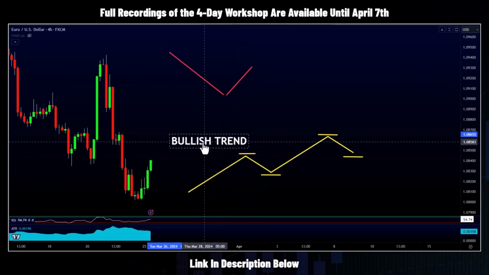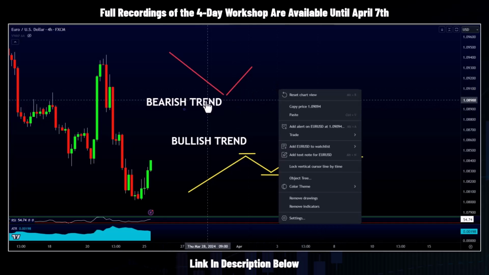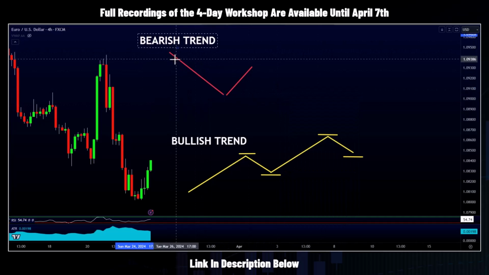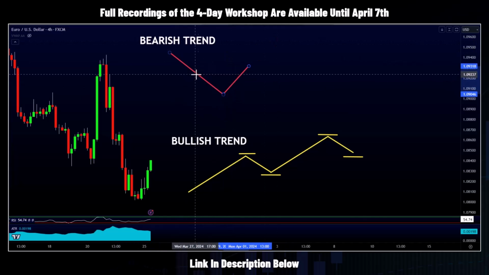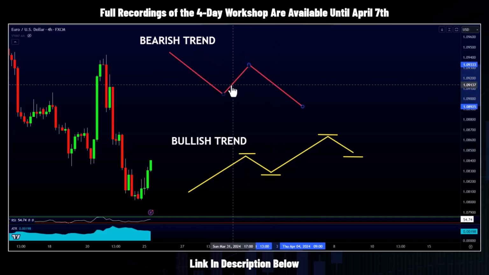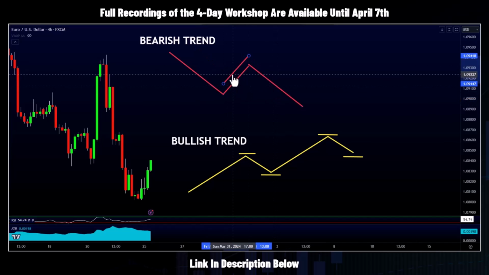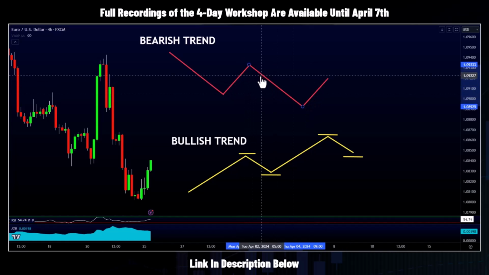So in a bearish trend, our extensions are going to be going down. And let me just copy and paste this bearish example, just in case everyone's a little bit late seeing this. In a bearish trend, our extensions are going to be going down. Our retracements are going to be going up. And again, we're going to continue this series of longer extensions, smaller retracements, longer extensions.